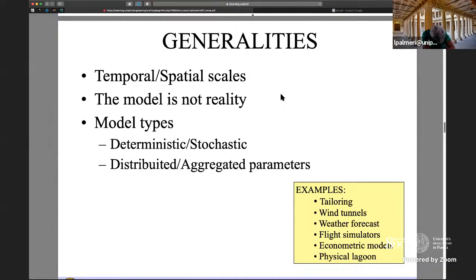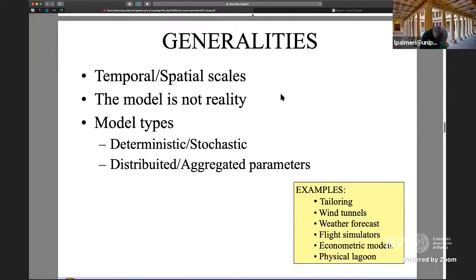So, in flight simulator modeling, you have a very complex system in which you have a description of the cockpit of an airplane and the possibility of changing the behavior of this airplane in order to perform some particular tasks, like, for example, landing or taking off, and so on.